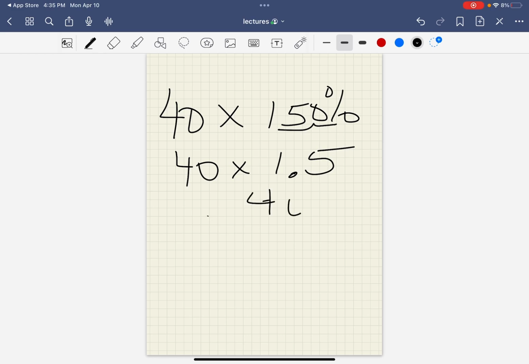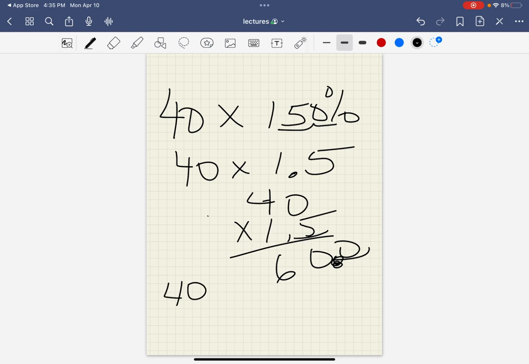If we multiply 40 times 1.5, and we move the decimal over 1, that means each dress is marked up $60. So the cost of the dress would be the original 40 plus what it's marked up, 60, so the cost of each dress is 100. So that's one way to work it.